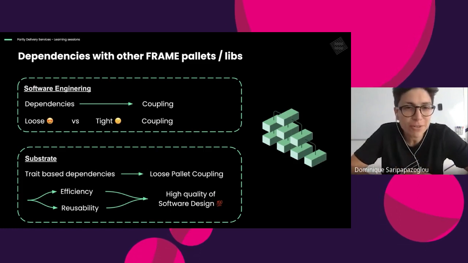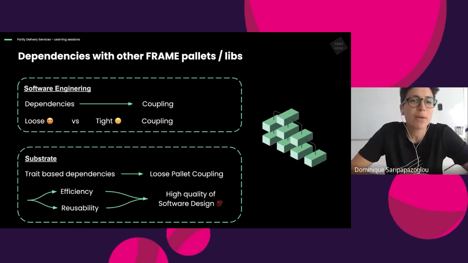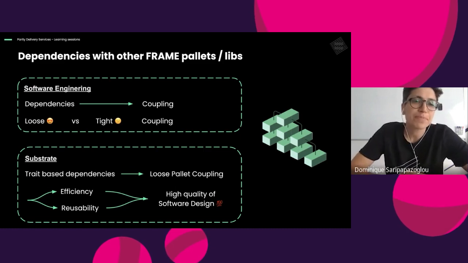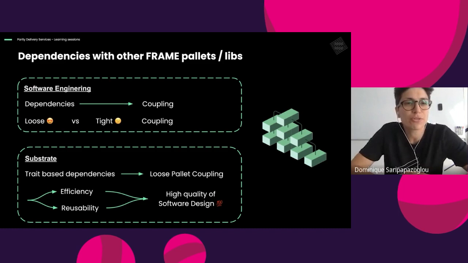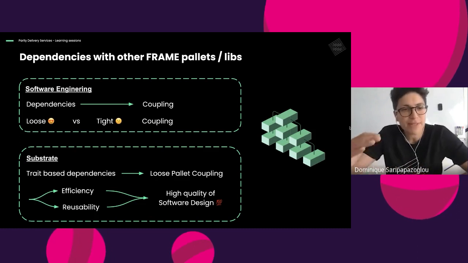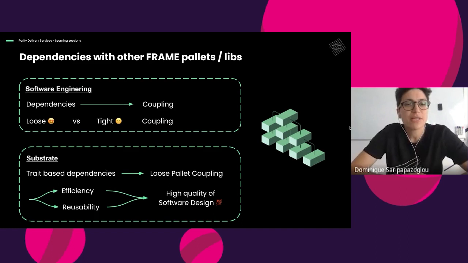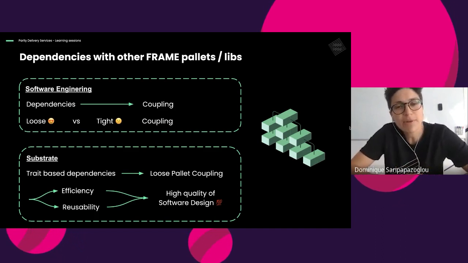I put here two cute emojis to show that what we want and what is better in the sense of design is loose coupling, and tight is not recommended as a good design system. And why is that? I will explain in the second part, where I will mention that Substrate thankfully has a loose pallet coupling.